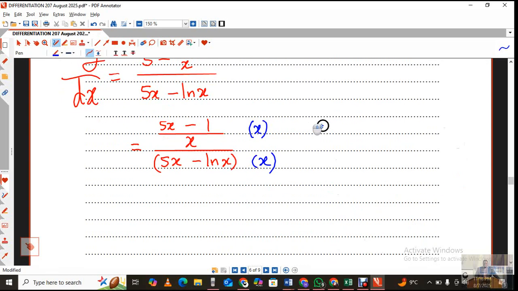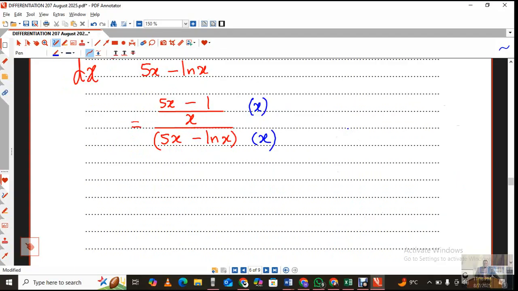Essentially those x's in the numerator will cancel, leaving you with 5x take away 1, and all of this over x multiplied by 5x minus the natural log of x, and your work is done when it comes to that question.